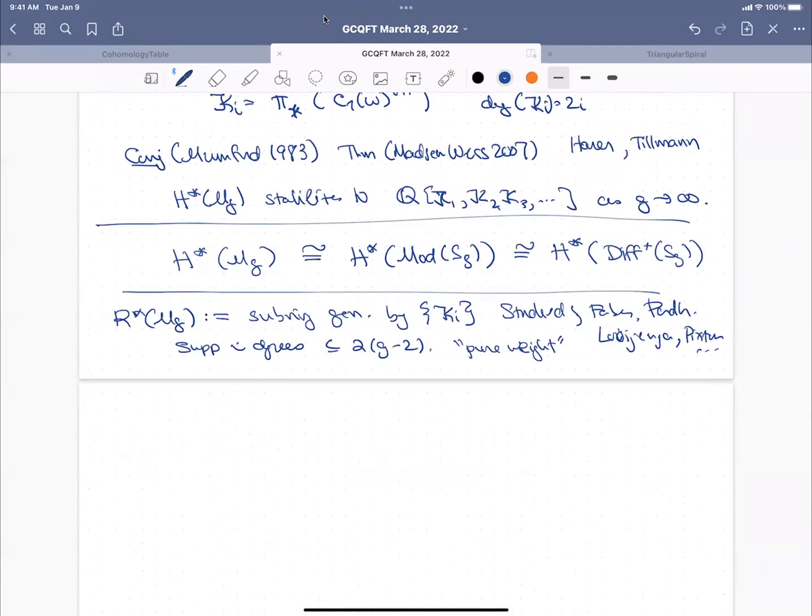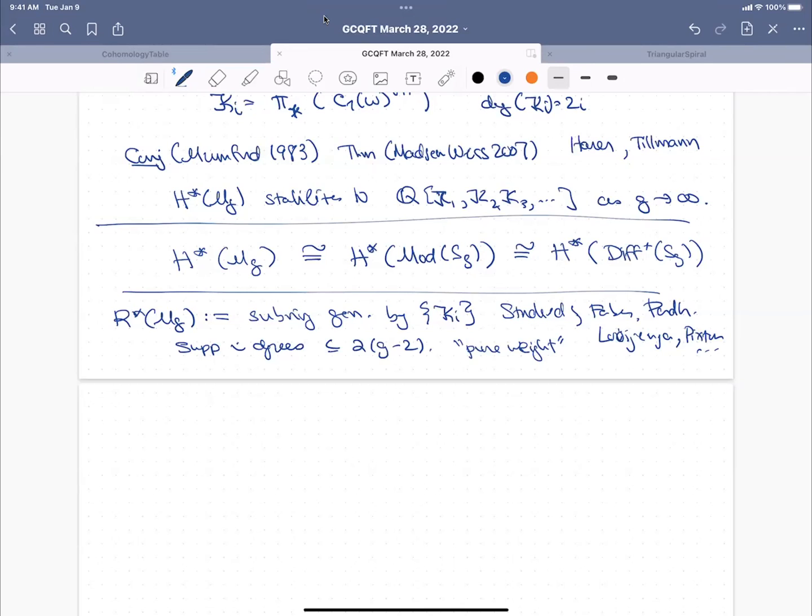Each of the different perspectives that we have on the cohomology of MG comes with its own advantages. One of the advantages of looking at the cohomology of MG as the cohomology of an algebraic variety is that it comes endowed with extra structure. One part of that extra structure is a mixed Hodge structure.